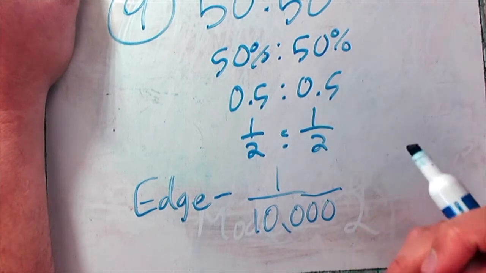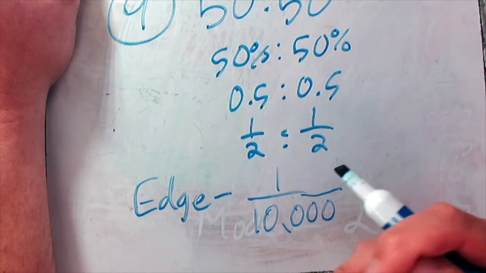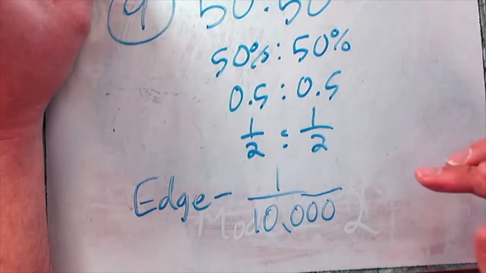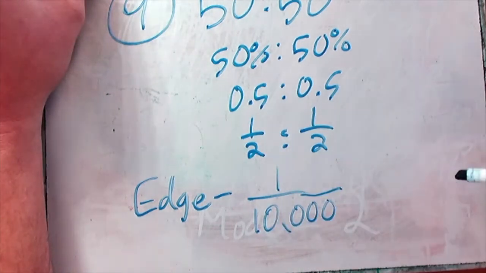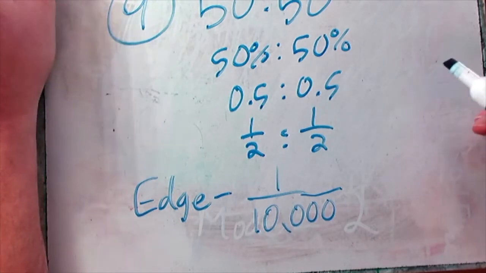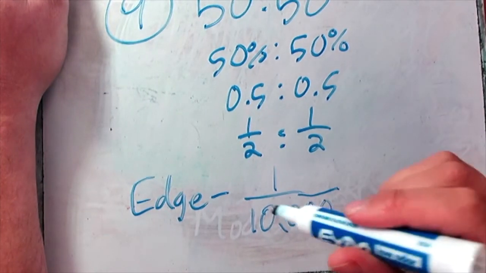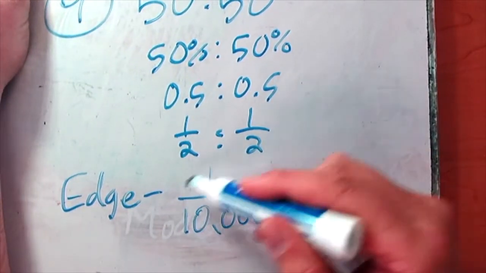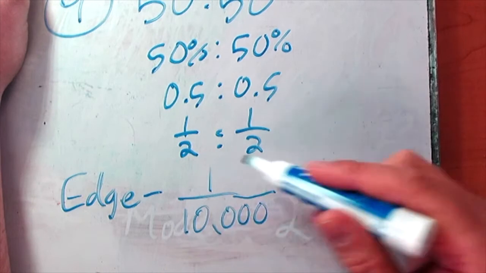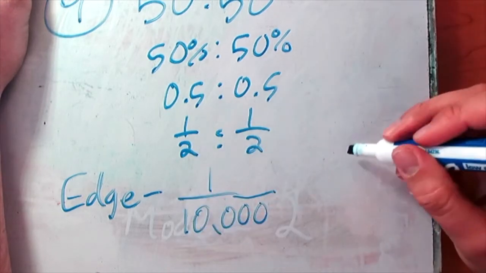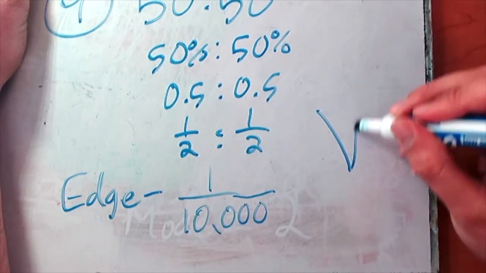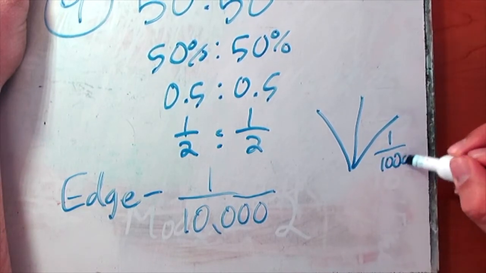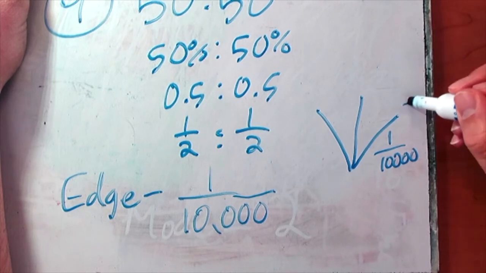So if I flip it 10,000 times, depending on the table, depending on the type of quarter, I'm going to say 1 out of 10,000. Well, that means that I have already dedicated this much of the probability in the probability tree to 1 out of 10,000. Now this is the edge.